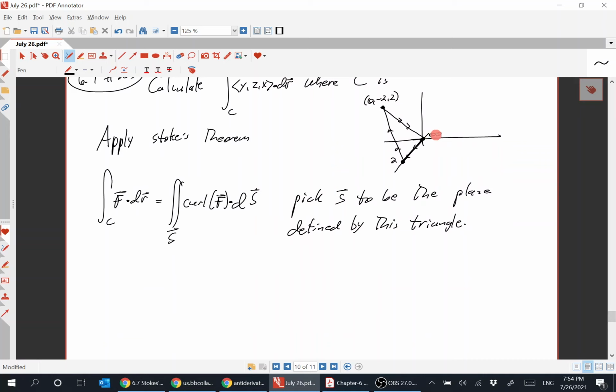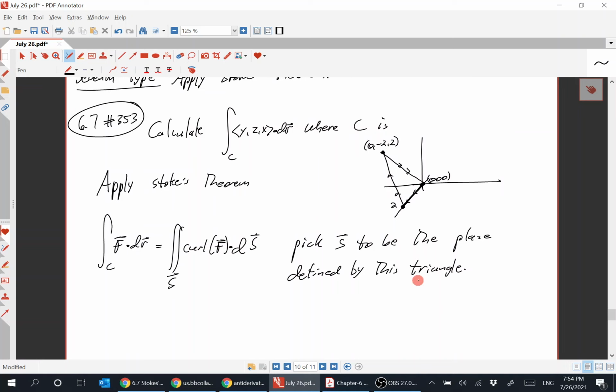Okay, how can we get the plane defined by this triangle? There are different ways to go about doing it. This one actually is, I think, pretty easy to just see.